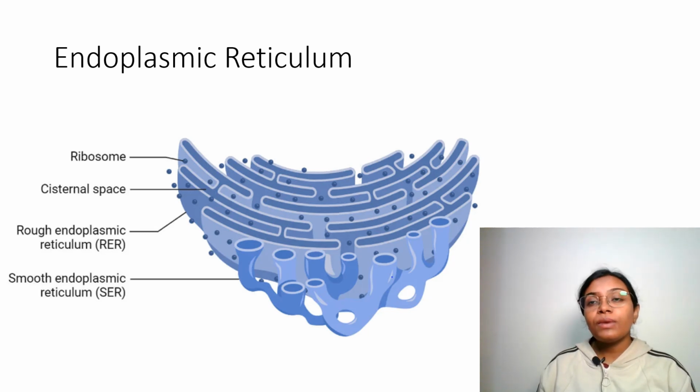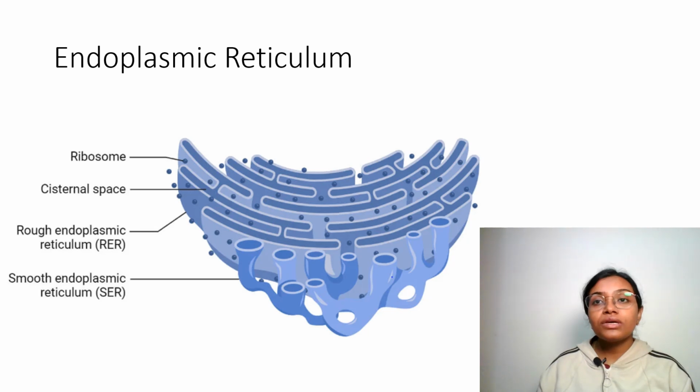The rough endoplasmic reticulum is a connected flattened sac having several ribosomes on the outer surface, hence its name. It synthesizes and secretes proteins in the liver, hormones and other substances in the glands. Rough ER is prominent in cells where protein synthesis happens.